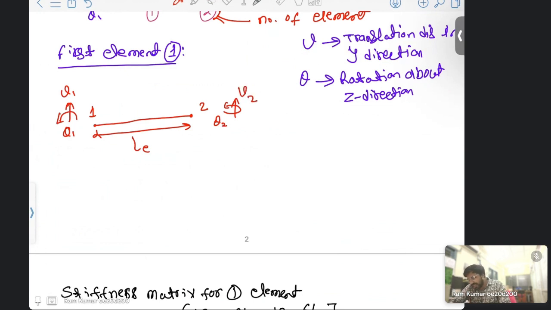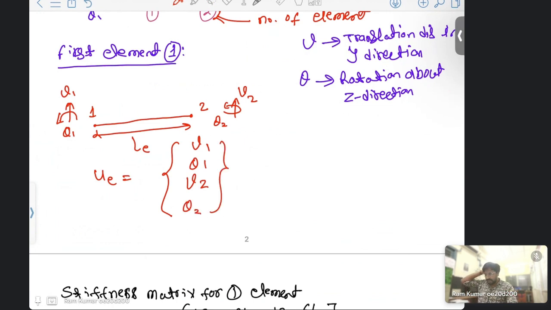So what will be our displacement matrix? It will look like this: v1, theta 1, v2, theta 2.